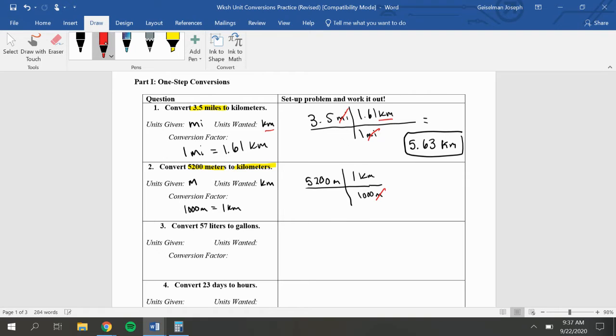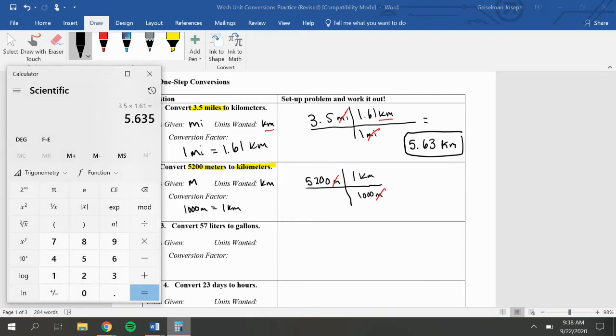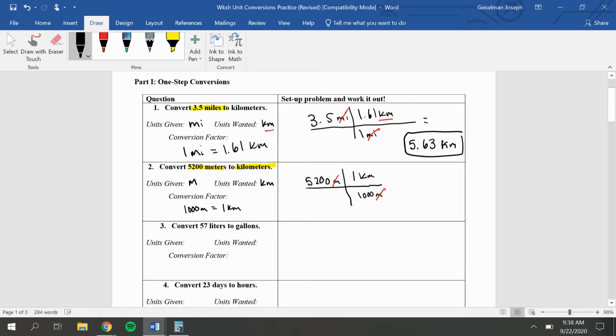Cancel out the units, because we're dividing meters by meters, so they cancel out. We're left with kilometers, which is what we want in the end. And if you take 5,200 divided by 1,000, you get 5.2, and our new units are kilometers.